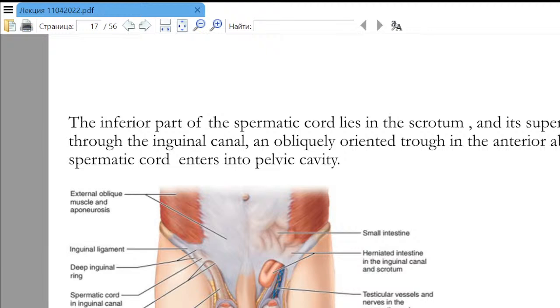The spermatic cord then enters the pelvic cavity.